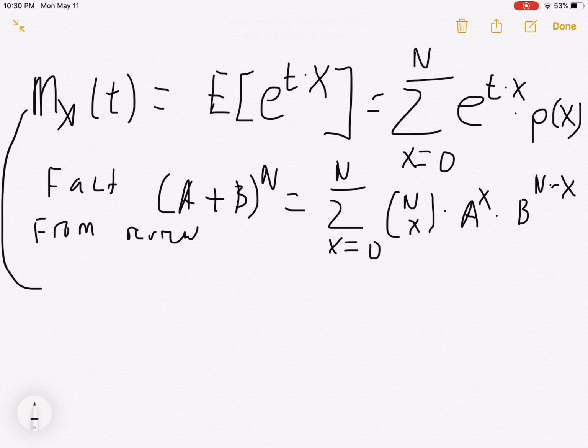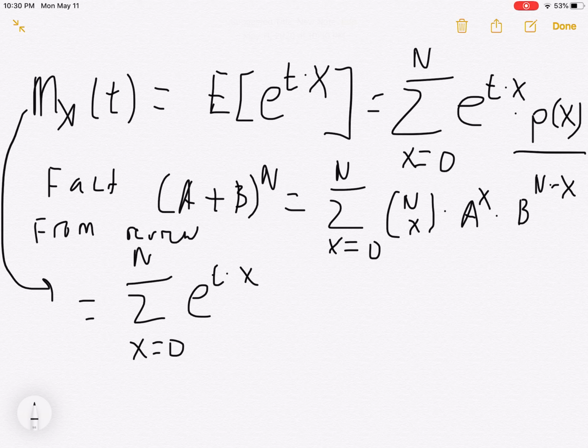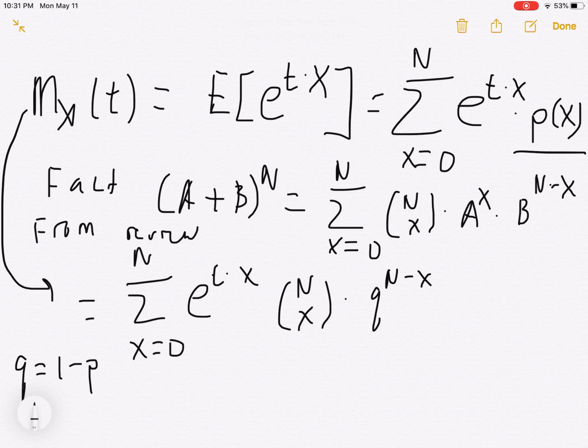Now let's continue this calculation. This is going to be the summation from x equals 0 to n of e to the t times x. Fortunately, we know what the density function p of x is. The probability of x is going to be n choose x times q to the n minus x, where q is 1 minus p, times p raised to the x power.